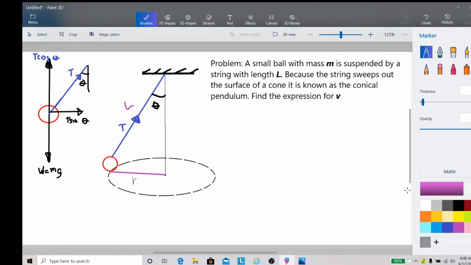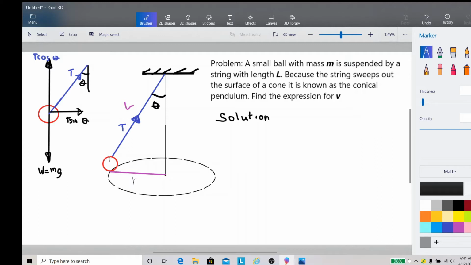Now let us first analyze the problem and the solution. Take note that this ball is just moving horizontally. And in the vertical manner, this ball is in equilibrium, otherwise the ball would be going up and down. So vertically, it is in equilibrium.